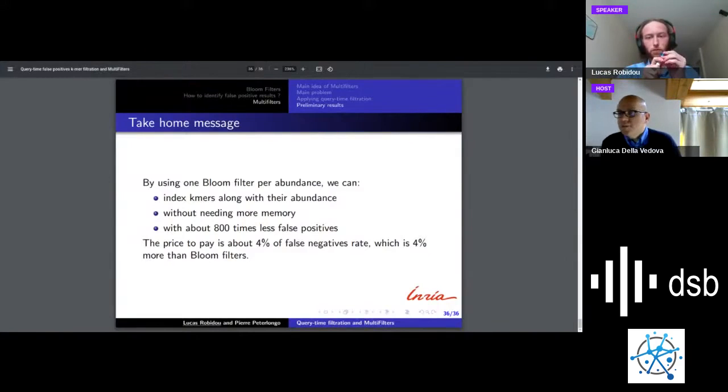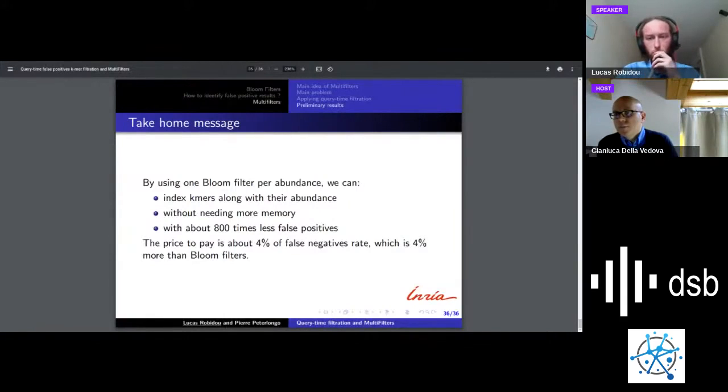Another question. Have you characterized the sequence properties on which the false negative ratio depends, and how it changes with different sequences? It seems like it's related to the divergence between the query and the index sequence.